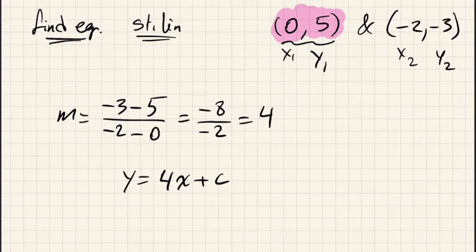Any point that has an x coordinate of 0, this means what? That the point lies on the y-axis. Exactly, the y-axis. The point lies on the y-axis, and the line passes through it. So this is the y-intercept. So no need to substitute. Now it's direct. I can remove c and put 5 directly.